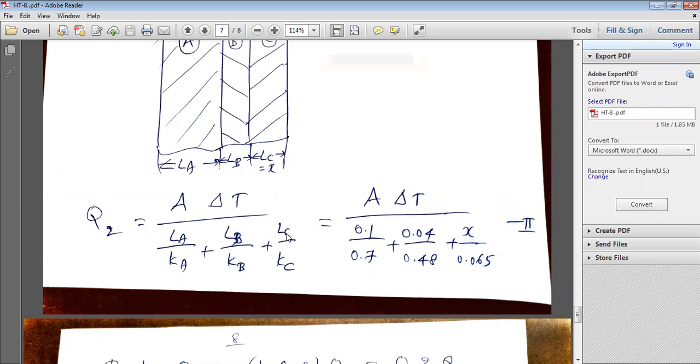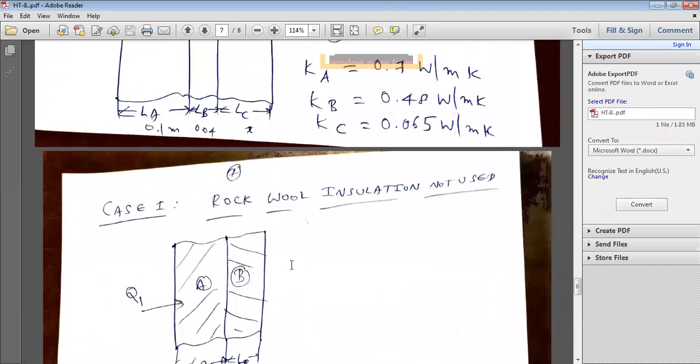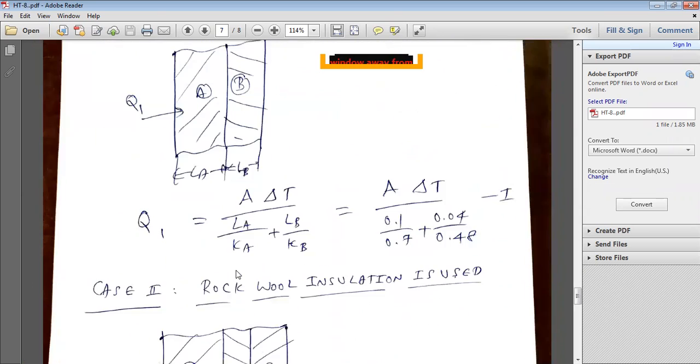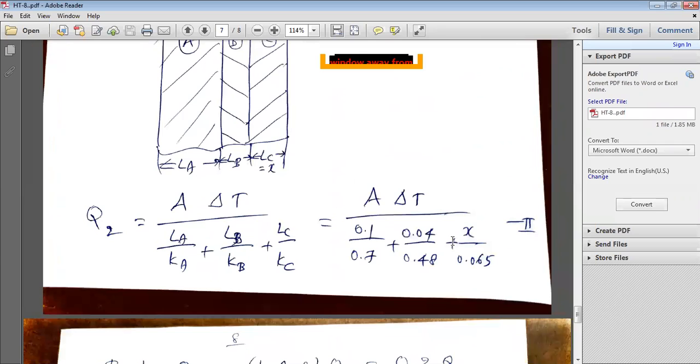Name it X, X by KC, 0.065. That is equation number 2.